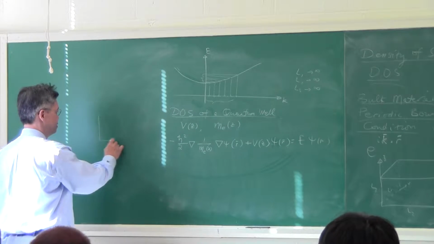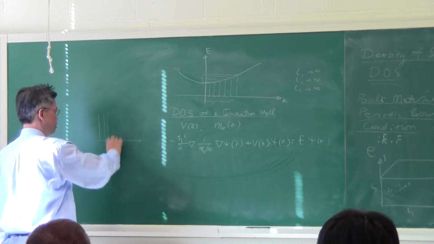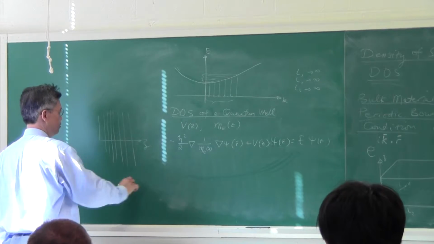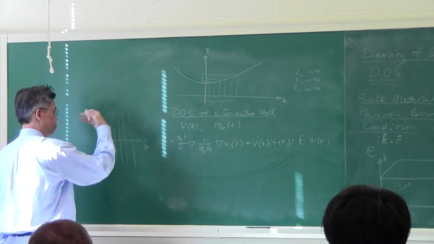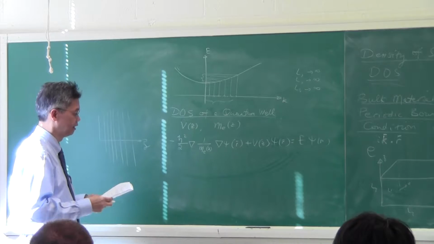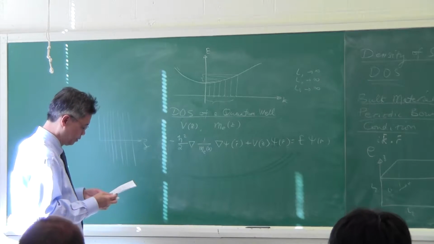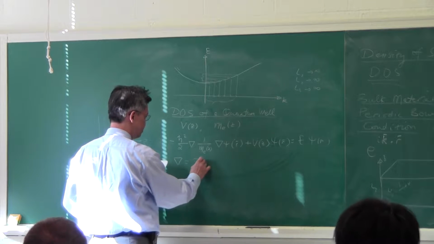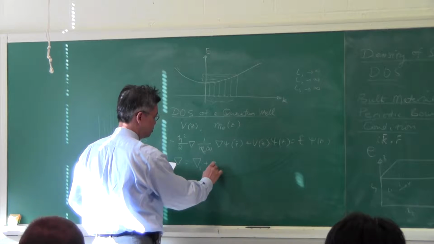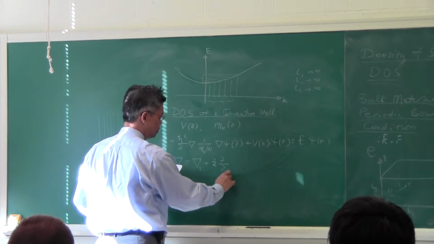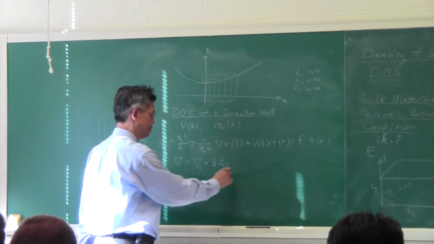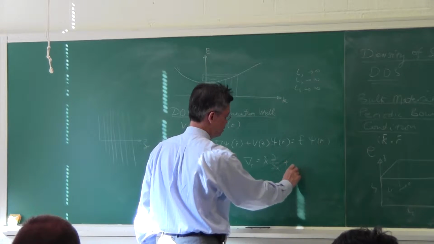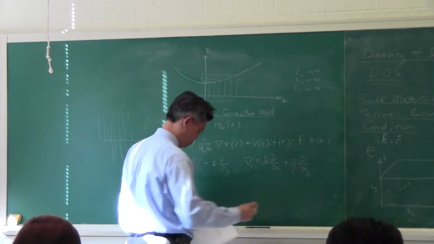Okay, because in the z dimension you have layers that are changing only in the z direction, but the electron is free to move in the x and y direction. So we're going to write the gradient operator into a transverse operator plus the z variation, where the transverse operator is x partial x plus y partial y.